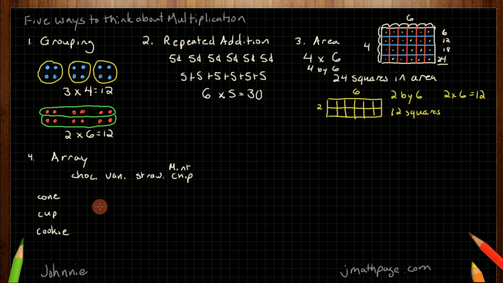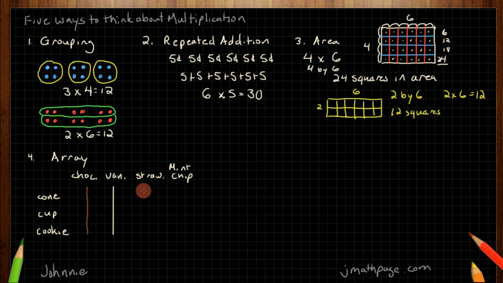Now, let's look at this. These are all the ways in which you could have your chocolate ice cream. You could have your chocolate ice cream on a cone, on a cup, or on a cookie. These are all the ways in which you might have your vanilla ice cream. Your vanilla ice cream might be on a cone, a cup, or a cookie, right?